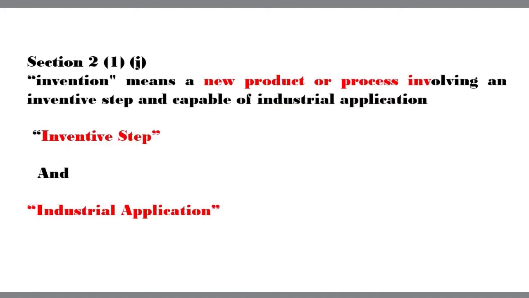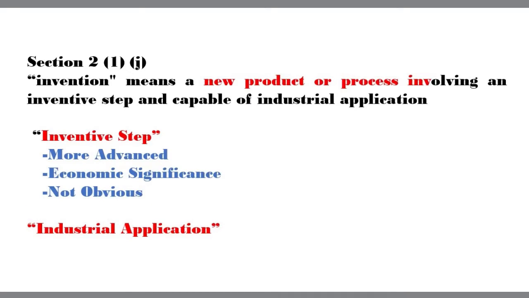Accordingly, an invention can be a new product or new process, which must involve an inventive step and must be capable of industrial application. So what does inventive step and industrial application mean? Inventive step means that the new product or process should be technically advanced compared to the prior existing knowledge, or it should have economic significance, or both.